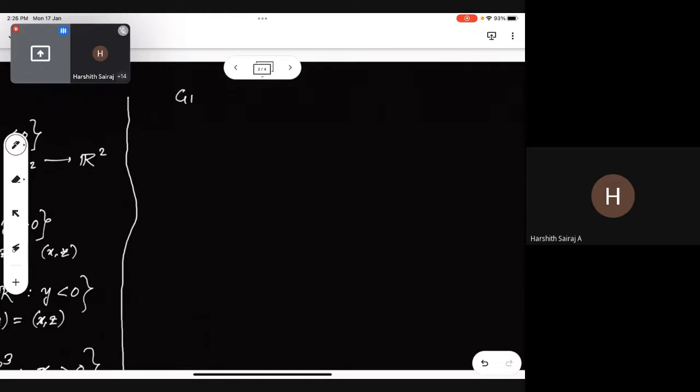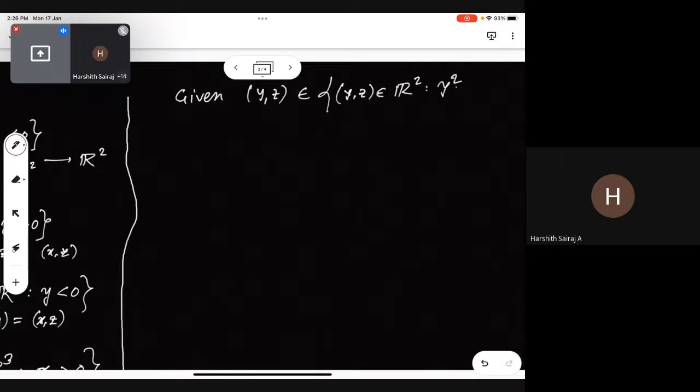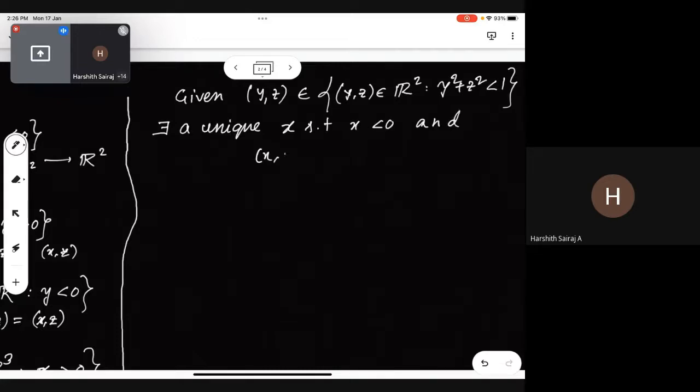So given (y, z) in the unit disk, so I'll write that (y, z) in R2 such that y square plus z square is less than 1, there exists a unique x such that x less than 0 and (x, y, z) lies in S2.